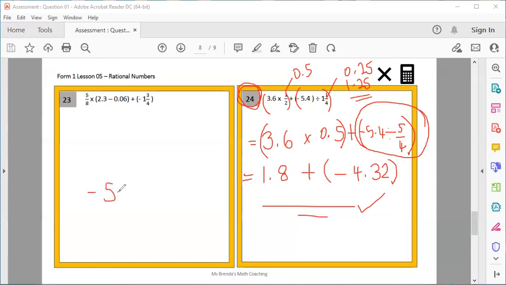Negative 5.4 divided by 5/4 means times 4/5. So what you need to do is press in your calculator negative 5.4 times 4, press the equals button, divide by 5, press the equals button, and you will get negative 4.32. Then 1.8, of course, plus negative means minus 4.32. You would get the answer.